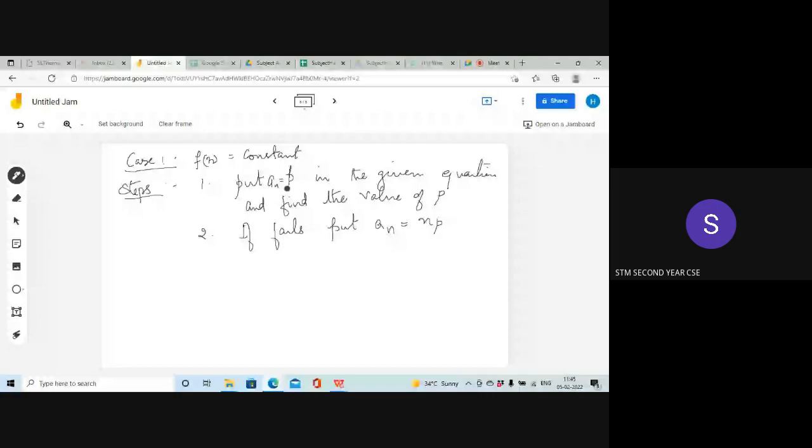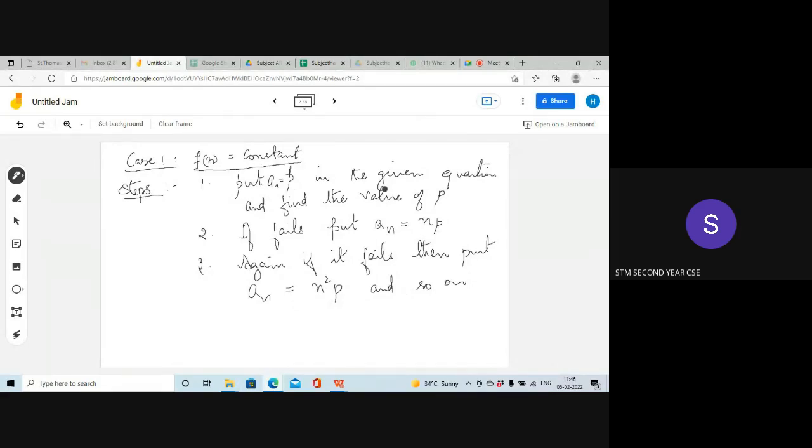Then if it fails, put a_n is equal to np, and if it fails again, then put a_n is equal to n squared p, and so on. Until you find the value of p, you have to repeat this process if the function f(n) is equal to a constant.